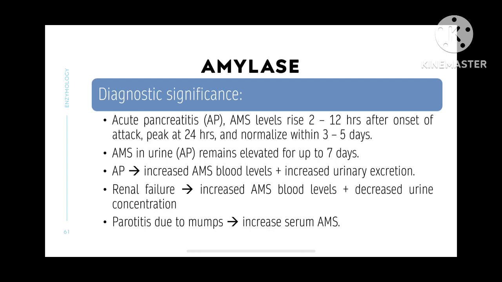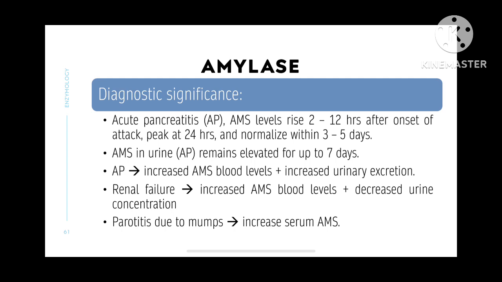The diagnostic significance of serum and urine amylase measurements is in the diagnosis of acute pancreatitis. Disorders of tissue other than the pancreas can also produce elevations in amylase levels. Therefore, an elevated amylase level is a non-specific finding. However, the degree of elevation of amylase is helpful to some extent in the differential diagnosis of acute pancreatitis.